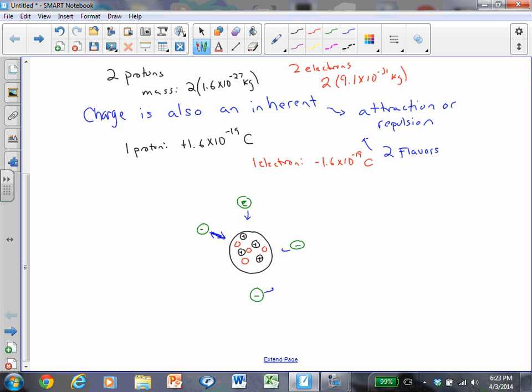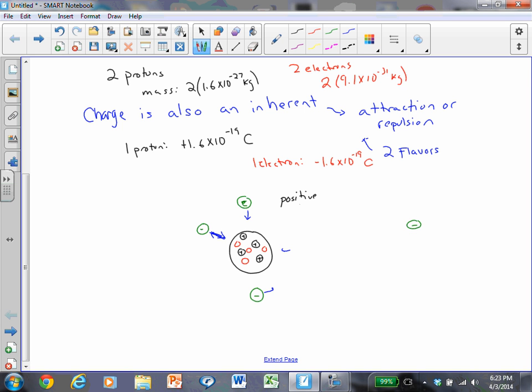Okay, so if an outside force is applied to these electrons, they can leave their parent atom and go somewhere else. So if we were to move this one out and away, then this is left with an overall positive charge, isn't it? Because before we had 4 positives and 4 negatives. Now we have 4 positives and 3 negatives.